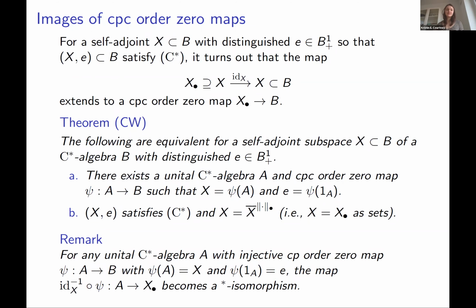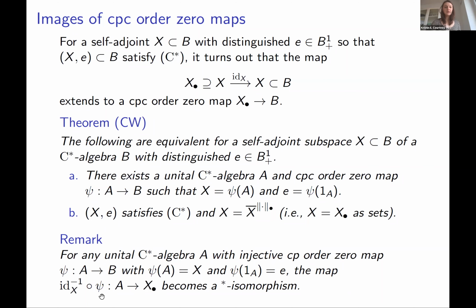And we can actually even say more. So if we take a unital C-star algebra A and it has an injective CP order 0 map psi into the C-star algebra B with image equal to X and image of the unit equal to E, then we can take the inverse of the identity map. In this setting, X in full generality just sits densely inside of X bullet.